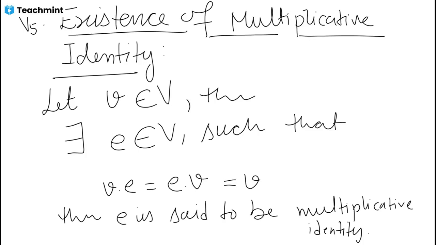Now let us find the value of e. By taking any one of them, let us find the value of e. So we have e into v is equal to v. Then e is equal to v over v, and e is equal to 1.